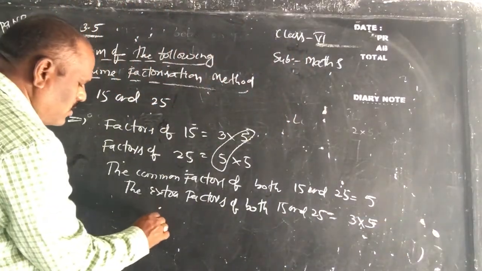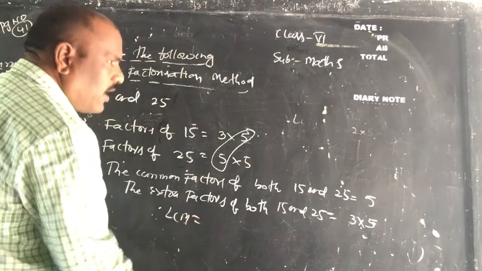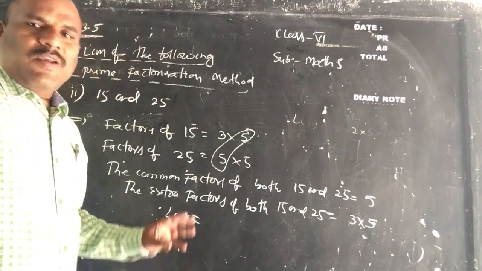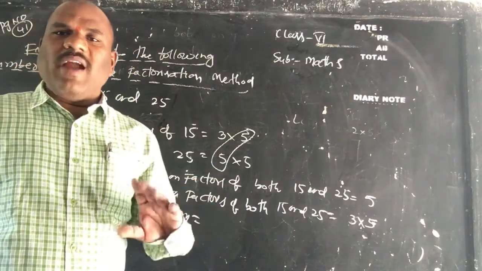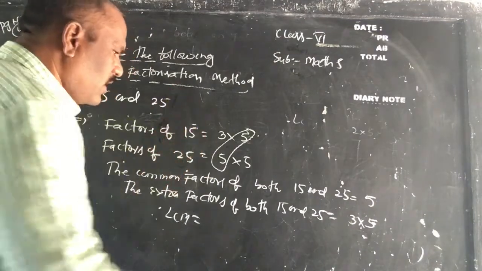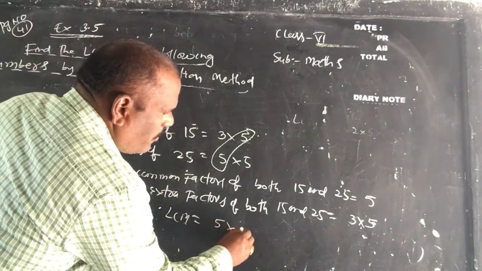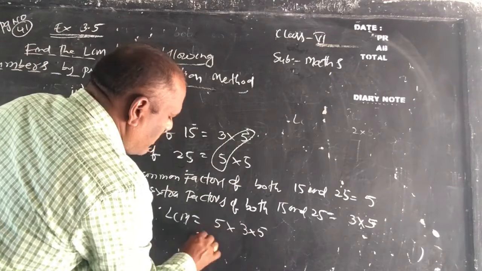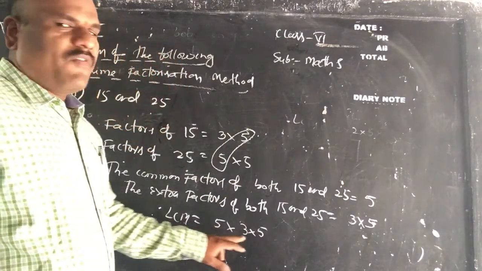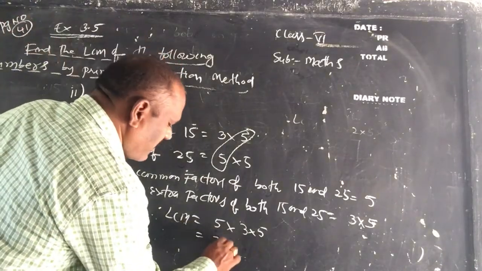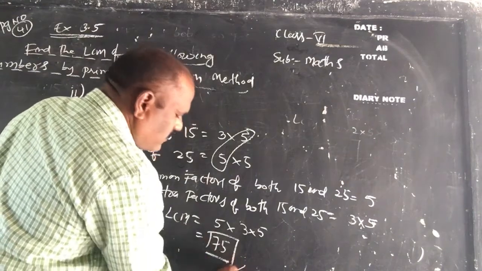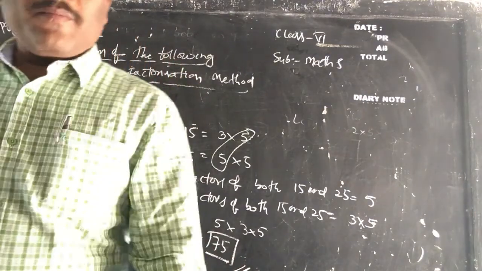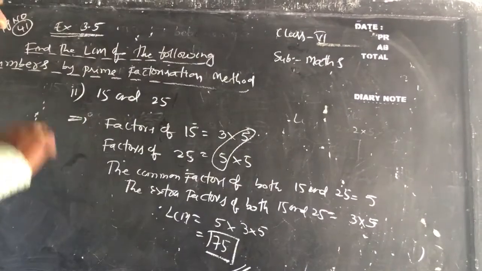Now, therefore, LCM equals the product of common factors and extra factors, I already told you. That is 5 into 3 into 5. 5 threes are 15, 15 fives are 75. 75 is the answer. This is the second problem, children.